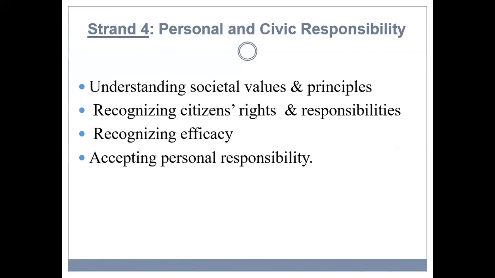So before we jump into some of the revision areas, are there any questions or comments about the strands, what's generally in the guidelines?